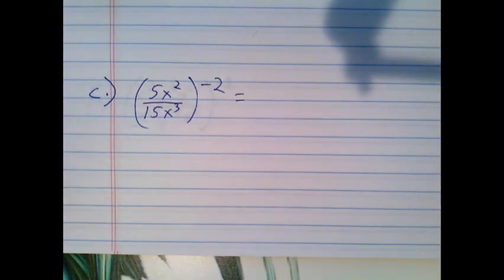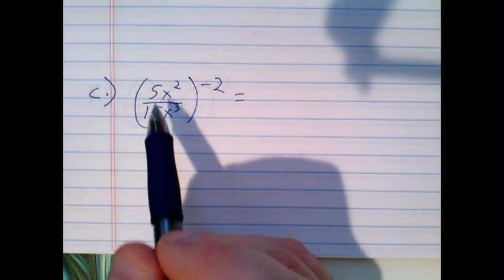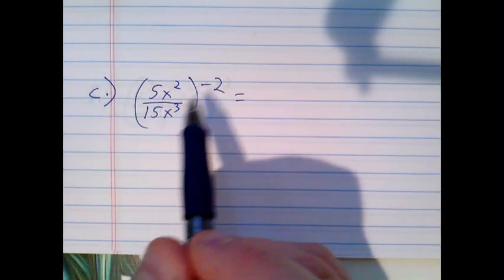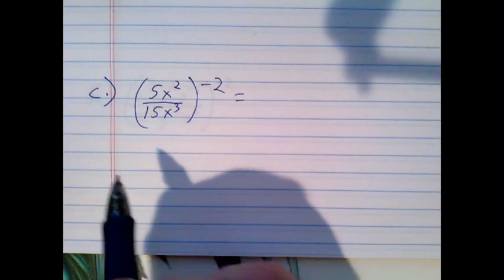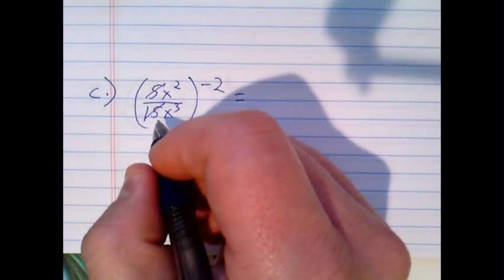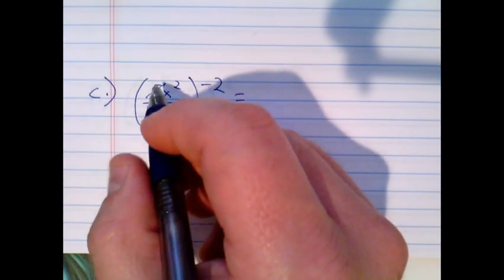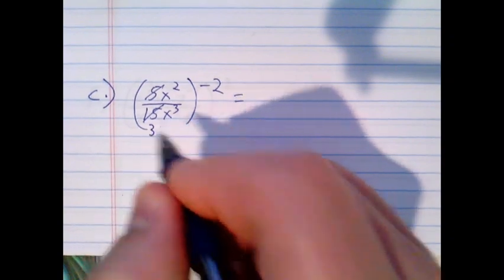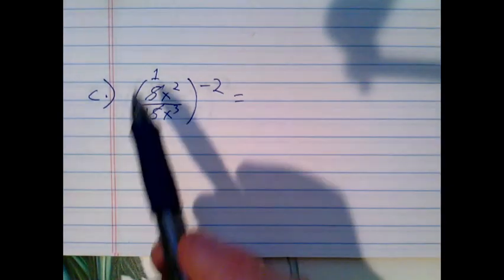But you know what? Before I even do that, I just noticed I could do some simplifying inside the parentheses, and I think it would actually be better to do that. So let's do that first. Now 5 goes into 15 3 times. So I can cancel a factor of 5 out of both the numerator and the denominator.